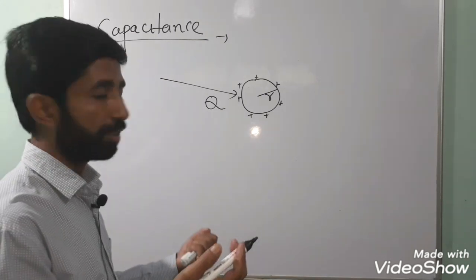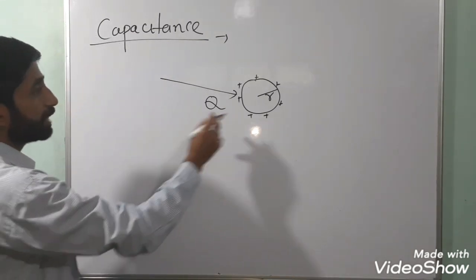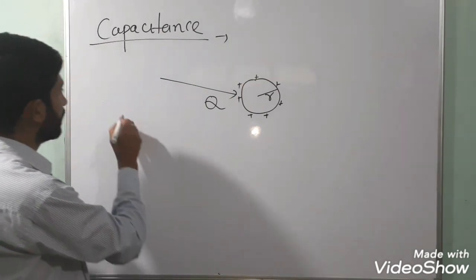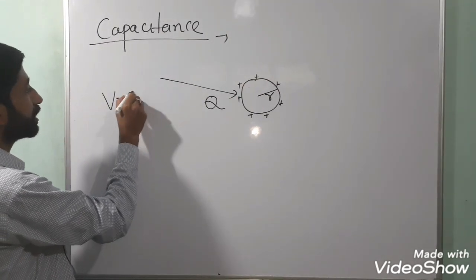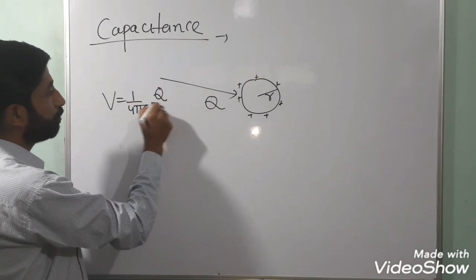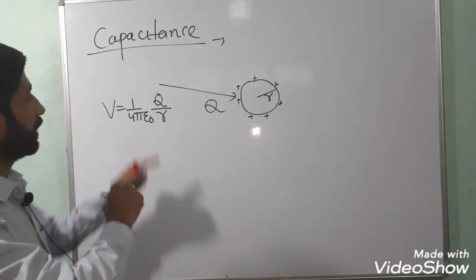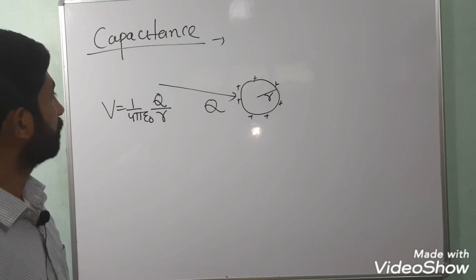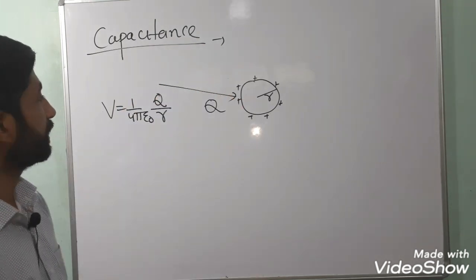Its potential increases, and the potential at its surface is given by V equals 1 upon 4 pi epsilon naught, q upon r, where q is the charge given to the system and r is the radius.